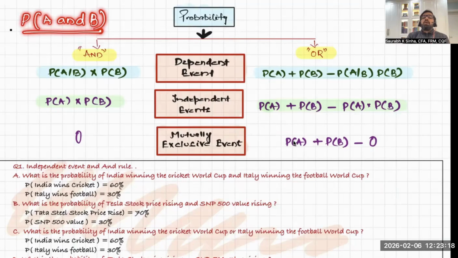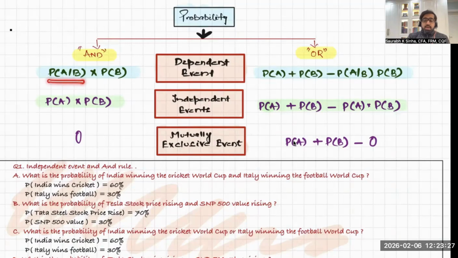The universal formula to find the probability of A and B happening simultaneously is probability of A given B times probability of B. Please remember, this is the mistake most students make: they keep it as pure probability of A times pure probability of B. No. If you have no information about the events, or it is a dependent event, this is the formula.